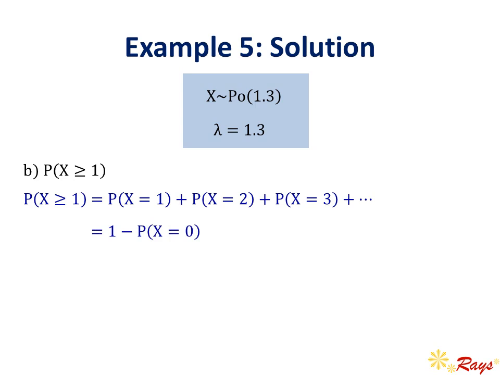So instead of doing so, we just write it as 1 minus whatever is not included in here. What's not included in there is the probability of x equals 0. Plug in the values into the formula, and that is our answer.